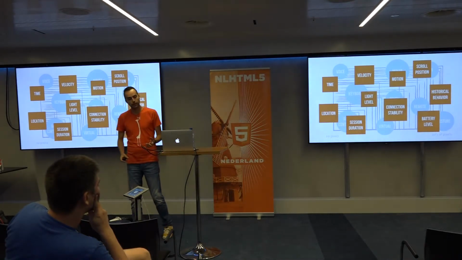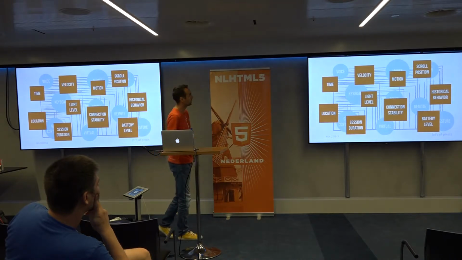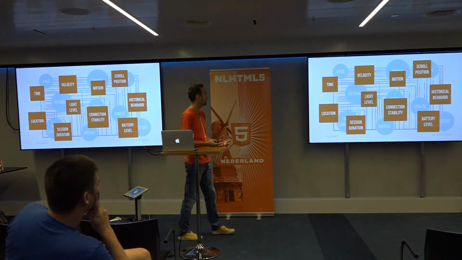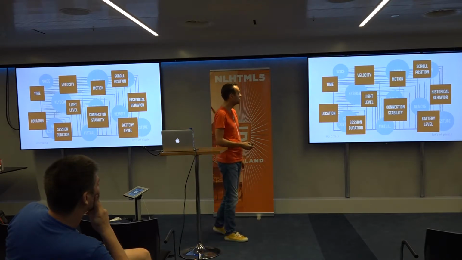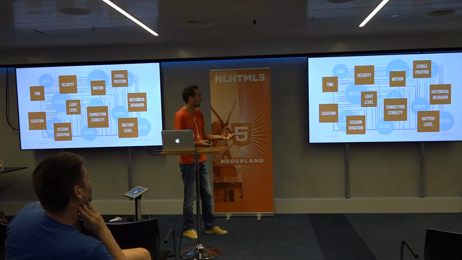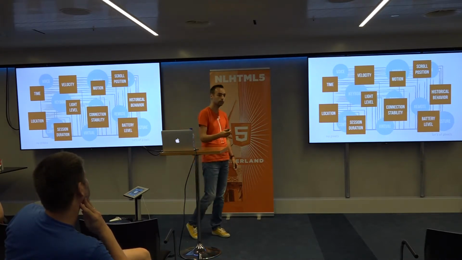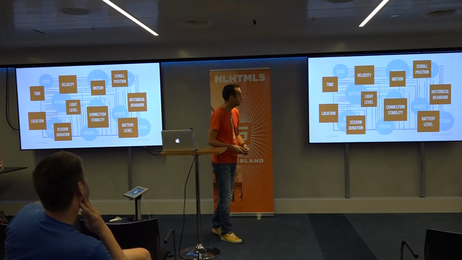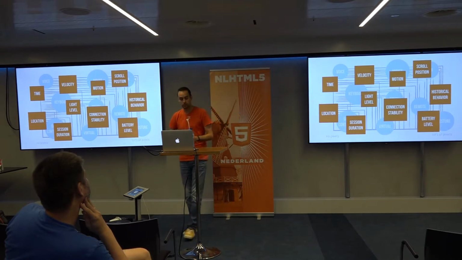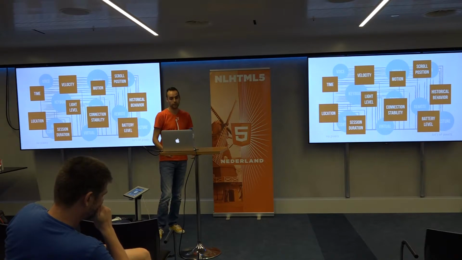And thinking about that, I noticed all these other data points that also tell us something about the context the user is in. The current time, the light level, he might be in a dark room. The connection stability might tell us if he's moving or having a slow connection. Battery level: if it's low, do we really want to load this super awesome WebGL animation that will drain his battery in 2 seconds?